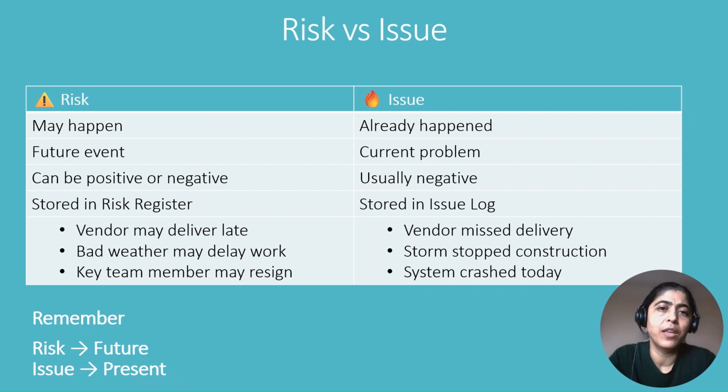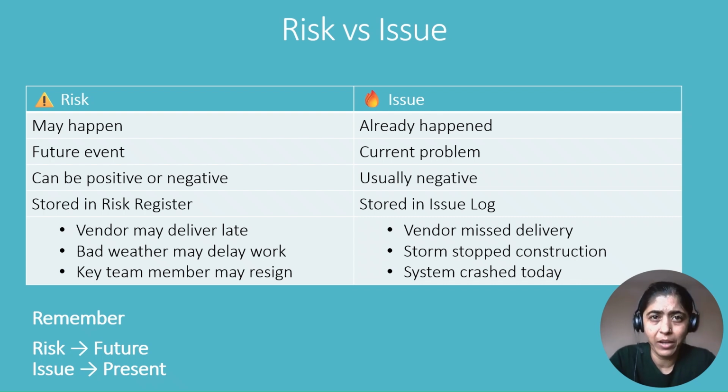A risk is something that might happen in the future. It is uncertain, meaning it hasn't happened yet, but if it does, it could impact your project positively or negatively. Because risks are uncertain, project managers identify them early and prepare response plans before they occur. For example, imagine you're organizing a company event.